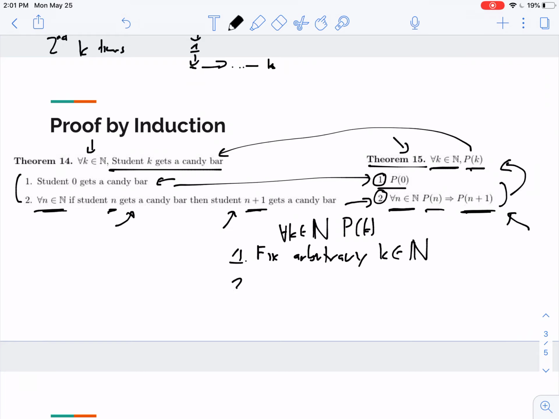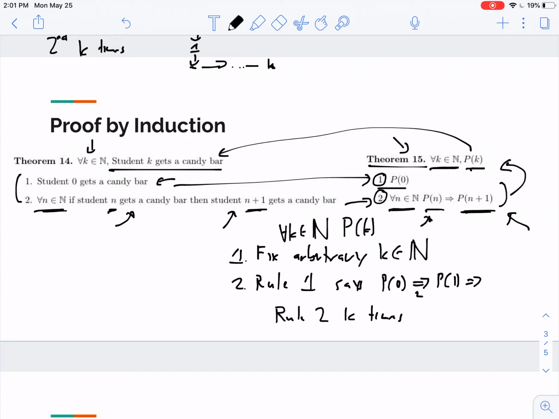And how are we going to do that? Well, again, we can apply rule 1. So rule 1 says P of 0, right? And then I claim we'll just apply rule 2 k times. If we apply rule 2 once, I'll put a little 2 under this arrow to indicate that implication is from rule 2, right? So rule 2 for 0 says P of 0 implies P of 1.